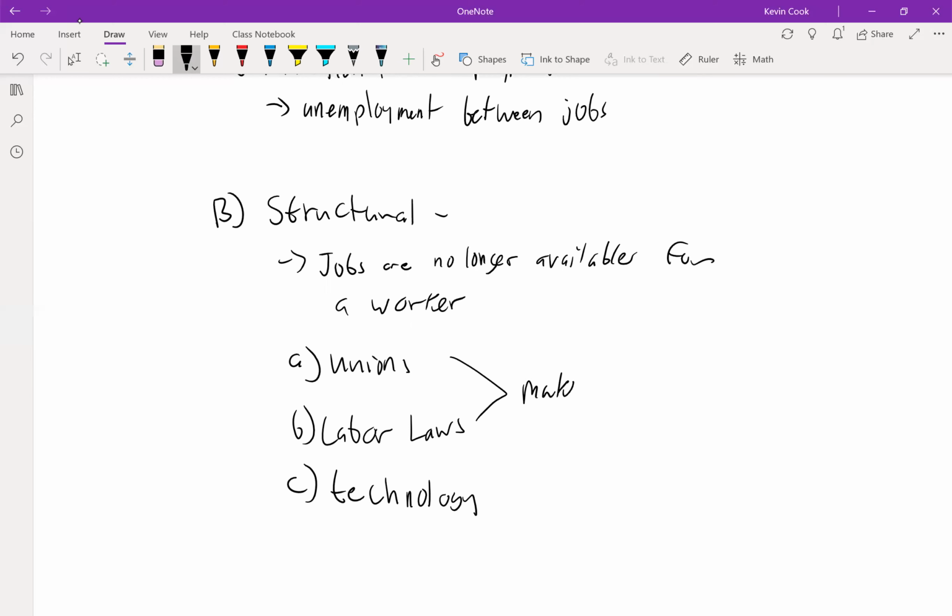But if I pick up new skills, it could potentially be a shorter run unemployment. So we have frictional and structural being long run unemployment, and that was our unemployment chapter.